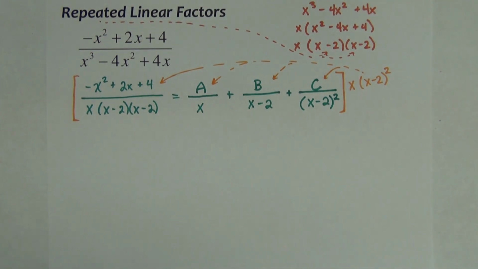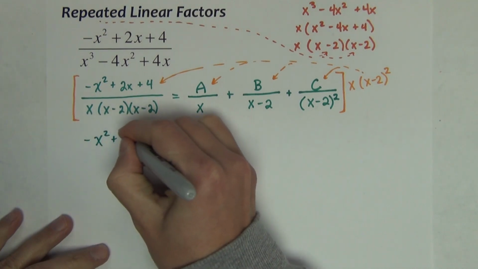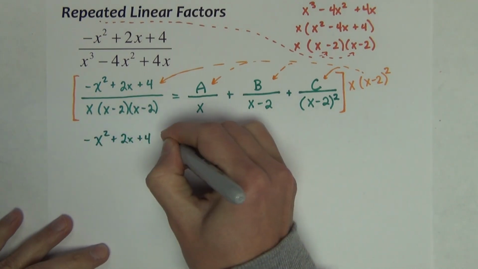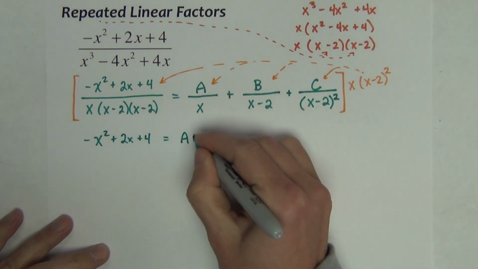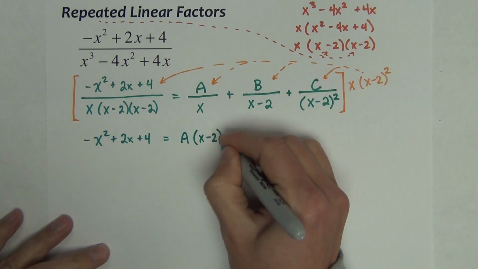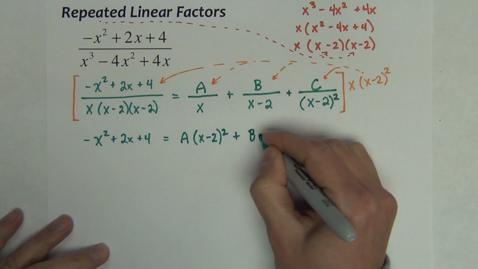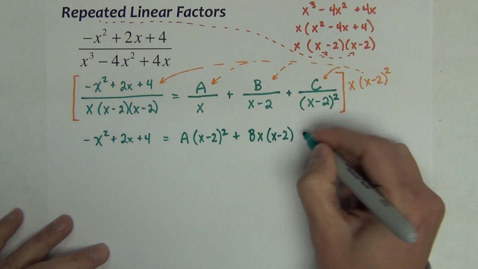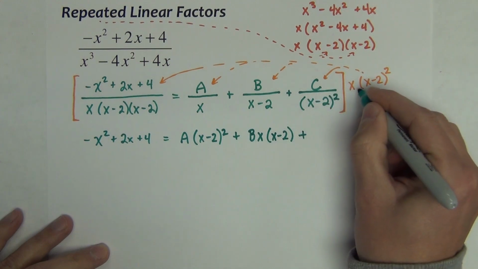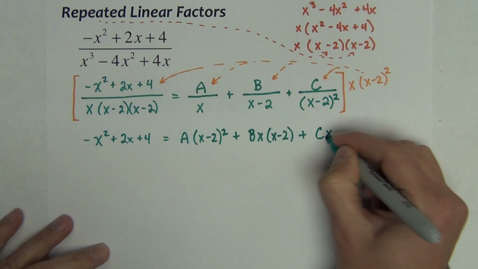On the left side I get just the numerator, negative x squared plus 2x plus 4. On the right side, for the a, the x's will cancel, but I'll have an x minus 2 squared. For the b, I'll get that x, and only one of these x minus 2's will cancel, so I'm going to be left with 1. And on the c, the x minus 2 squared will cancel, so we're going to get the x.